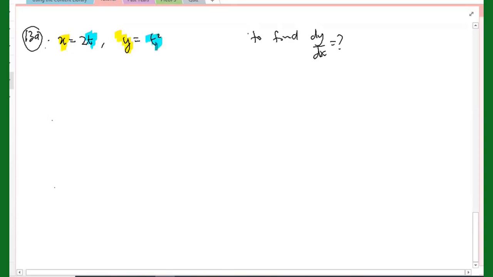So x is in terms of t, and y is in terms of t. But now we're going to find dy/dx, which has no t, it is dy over dx.